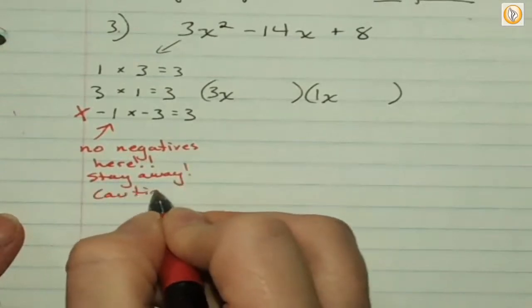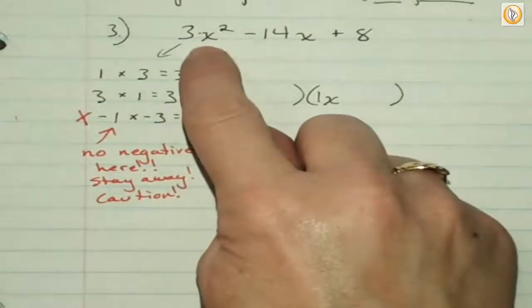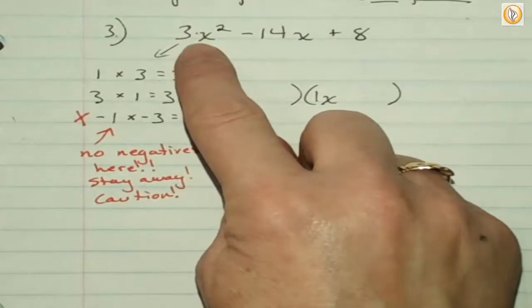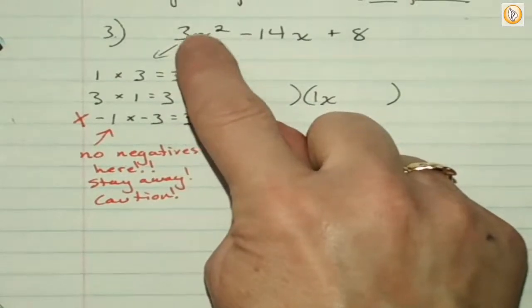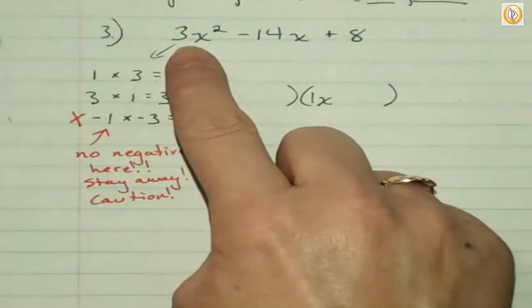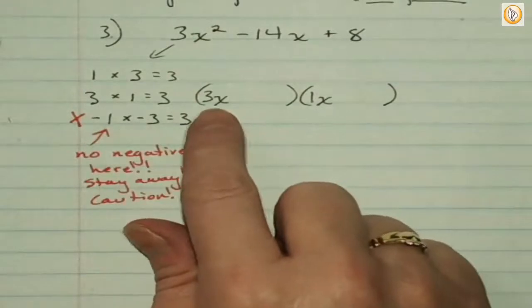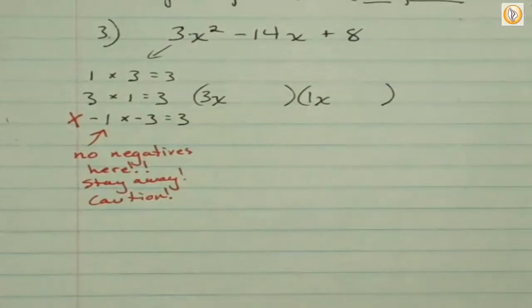Caution. Stay away from negatives over there. Unless for some reason they've got a negative right here. Or did y'all hear what I said? Unless they have a negative right here, I'd stay away from that. And I don't think your book even goes in that direction. So if there is not a negative in this first term, don't try sticking a negative in this spot, okay? So that helps eliminate some of that.